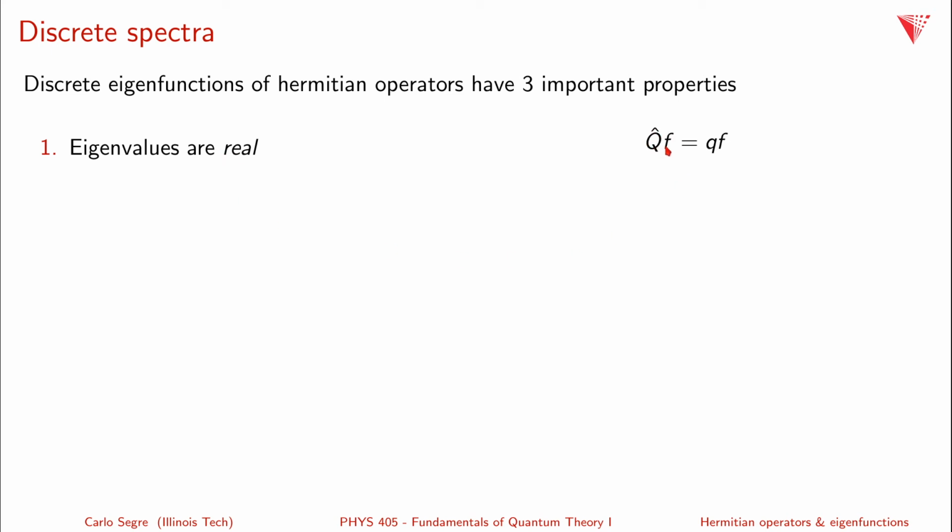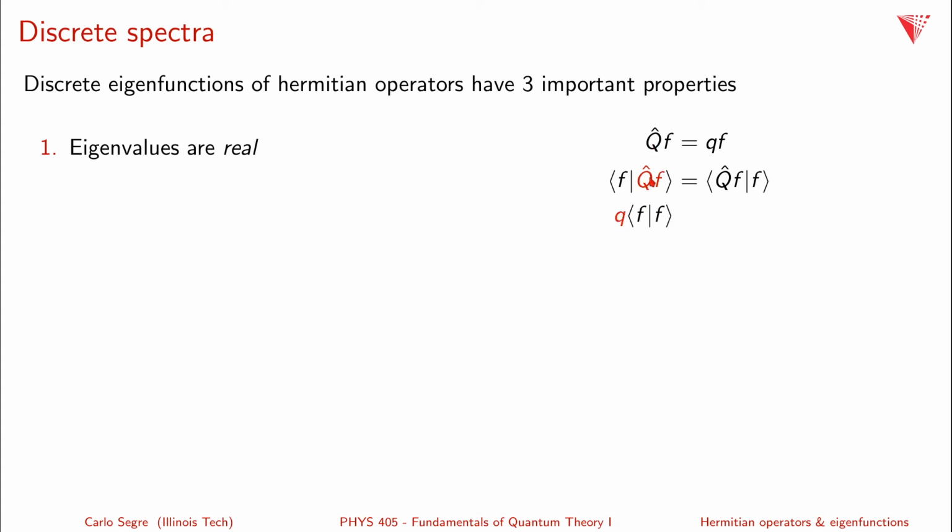So Q applied to f is equal to little q times f. And if I take the inner product of f and Qf, it must be equal to the inner product of Qf and f because this operator is Hermitian.